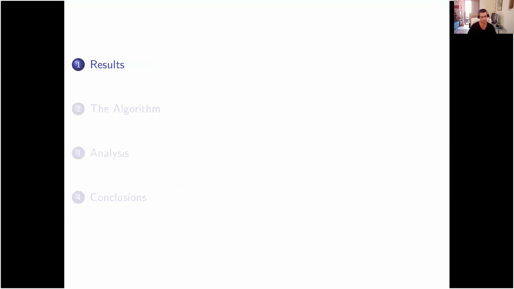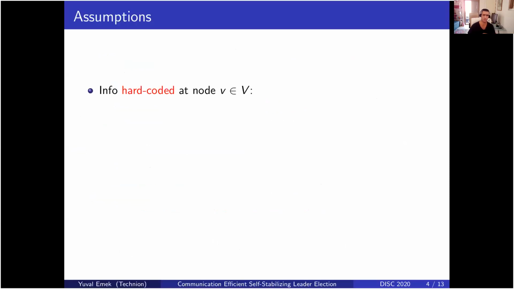Okay, what are our results? So first, let's say a few words about the assumptions we make. We assume that the following pieces of information are hard-coded at each node v so that they cannot be modified by the adversary. This includes the size n of the graph, the number of nodes, or a linear approximation of n.